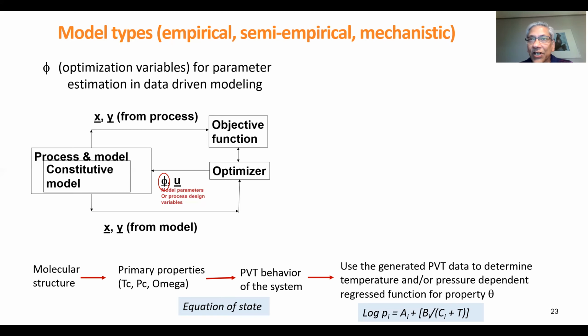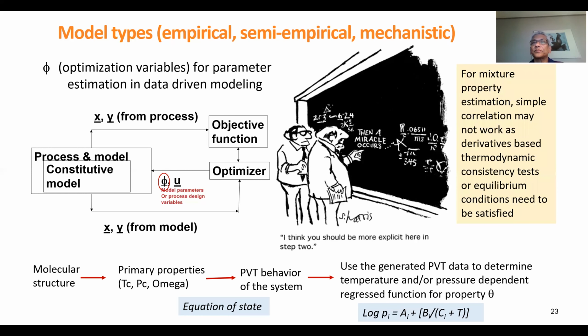And the way they will change, we cannot arbitrarily make them change in a certain direction. There are consistency tests that need to be used to verify that they behave in the way they are supposed to. Otherwise, the thermodynamic model will be inconsistent.